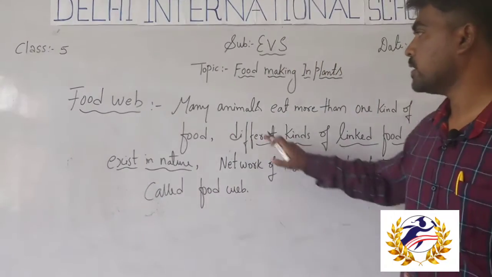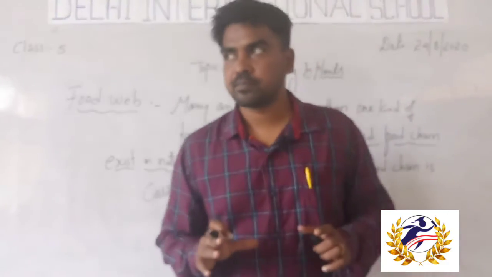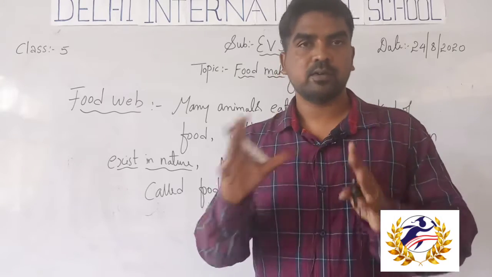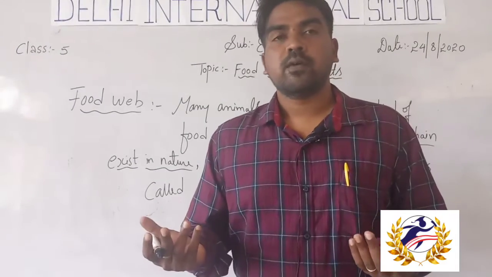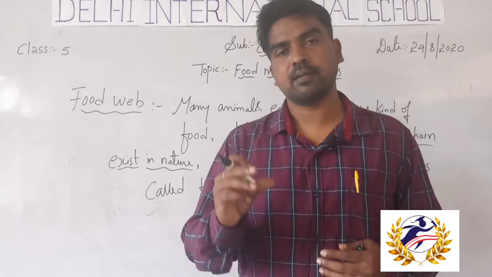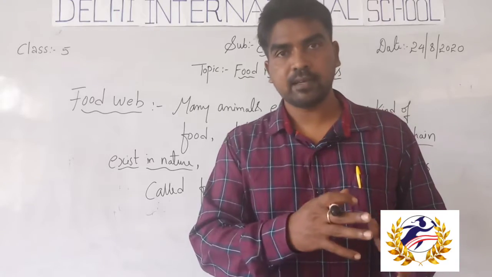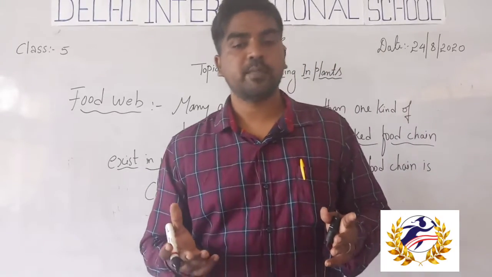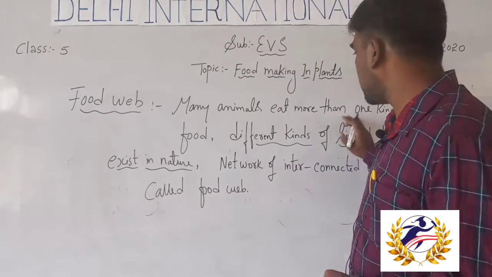There is no fixed way that a particular animal should eat only one kind of food. For example, we human beings have a variety of food. We eat vegetables, plants like leaf spinach, and sometimes we go for egg, and sometimes flesh. There is no proper way; it depends upon our way of life. So many animals eat more than one kind of food.